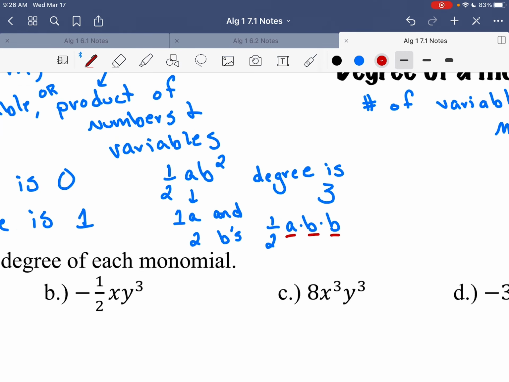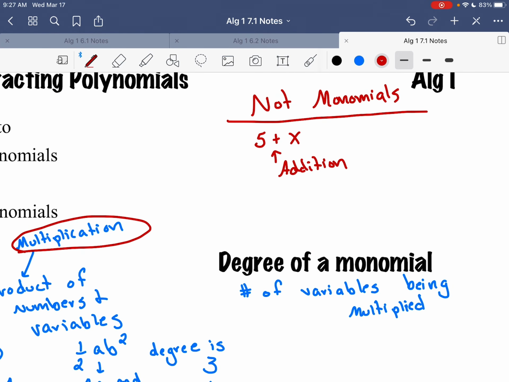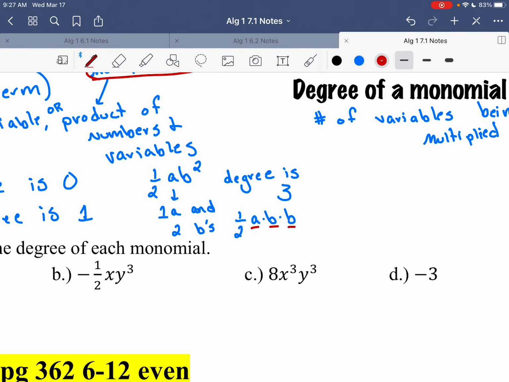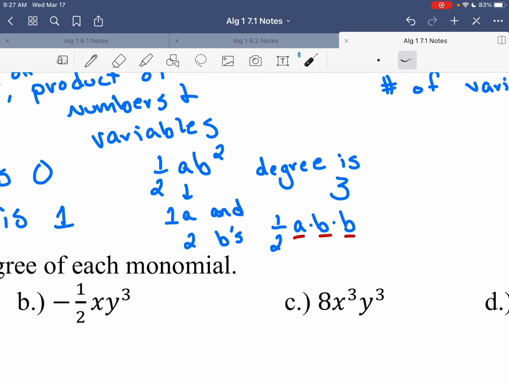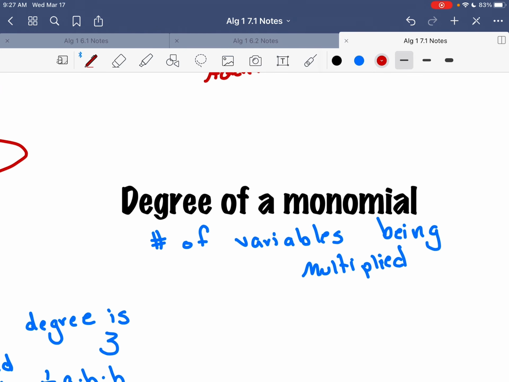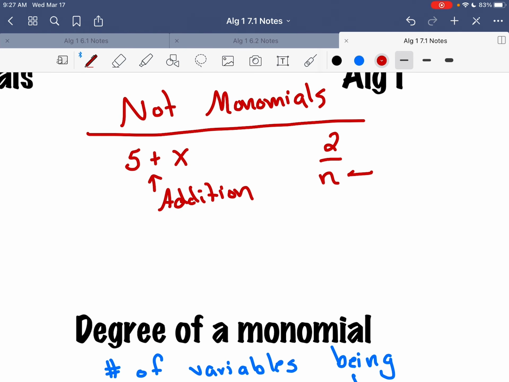All right, now let's do not a monomial. 2 divided by n. You might be like, well, Miss Neal, over here you had a division, you had this 1/2. But this 1/2 is a number. I'm not dividing by a variable. This is not a monomial because you can't divide by the variable.